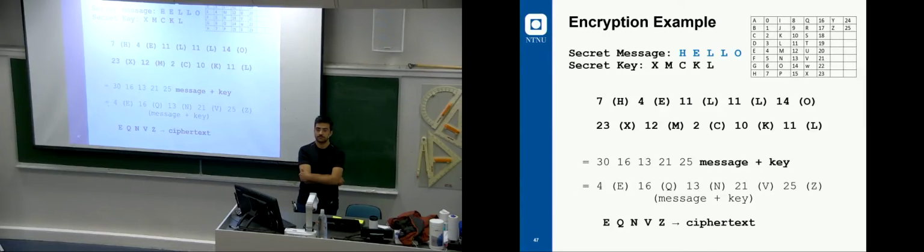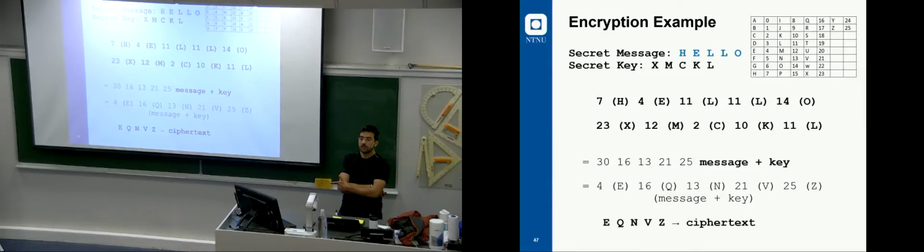For encryption, what we did, key and message, we add them up. And for decryption, isn't it like we subtract the key from them and get our text? Yeah. For decryption, we have the ciphertext.